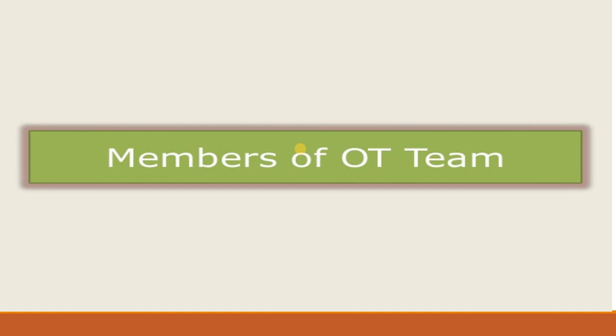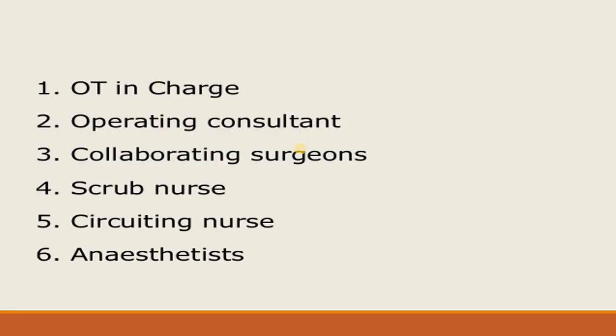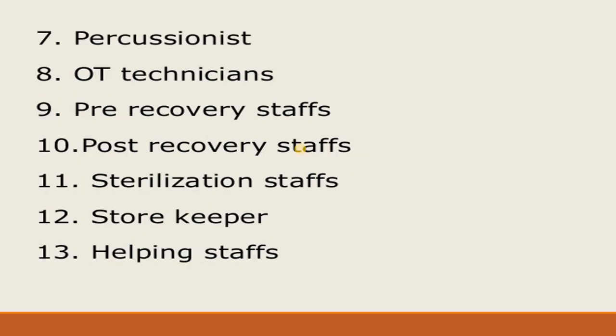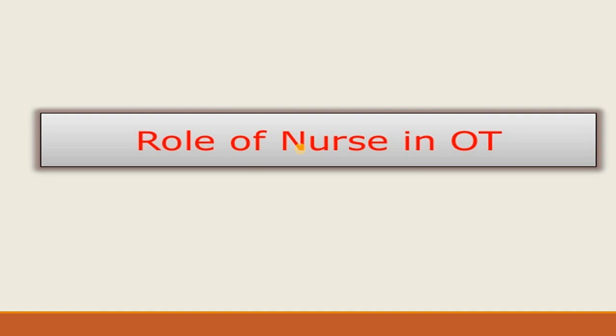The members of an OT team may include OT in charge, operating consultant, collaborating surgeons, scrub nurse, circulating nurse, anesthetist, perfusionist, OT technicians, pre-recovery staff, post-recovery staff, sterilization staff, storekeeper, helping staff. These all are the staffing pattern.